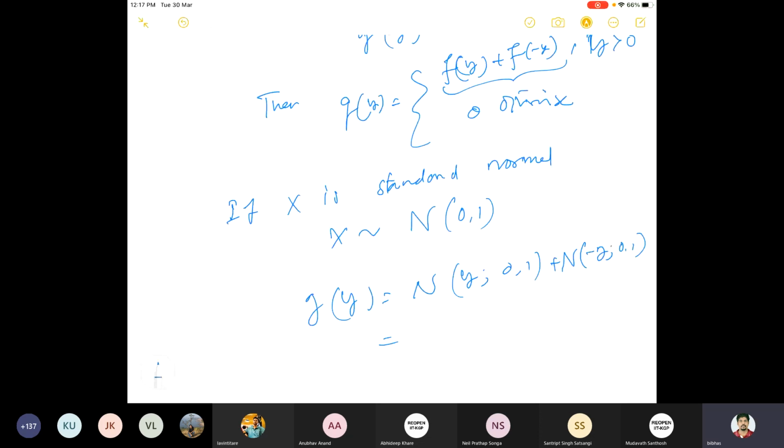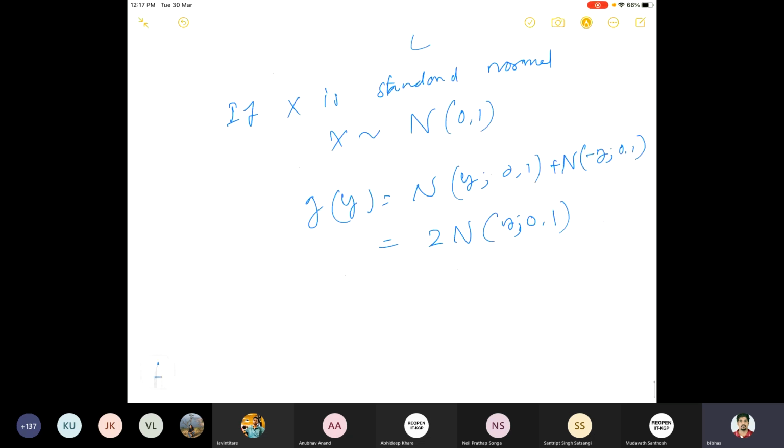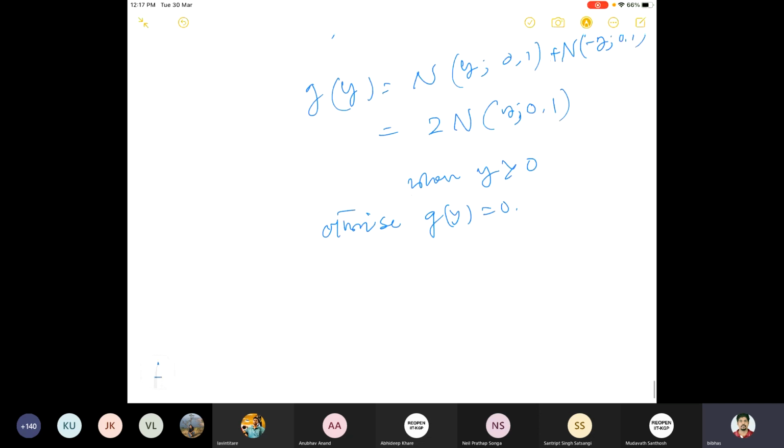But it is symmetric about 0, so it is nothing but 2 times N(y; 0, 1). So it is normal, but just 2 times the normal. This is an example of a function of a random variable, and this is how we can find it out. So this is for y bigger than 0, and otherwise g(y) equals 0. So this is an example of the PDF of Y.